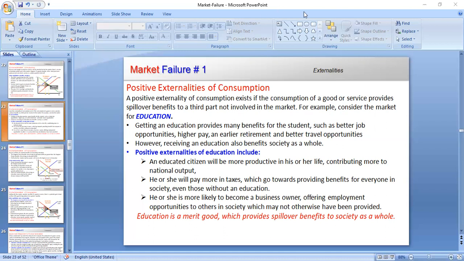Now, the logic behind drawing these curves of externalities is simple.